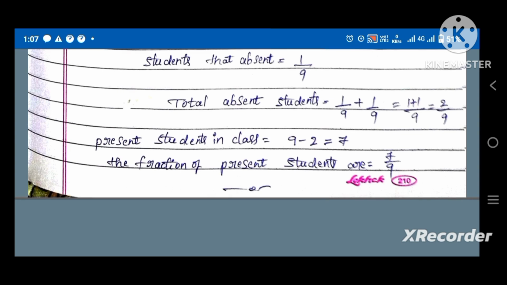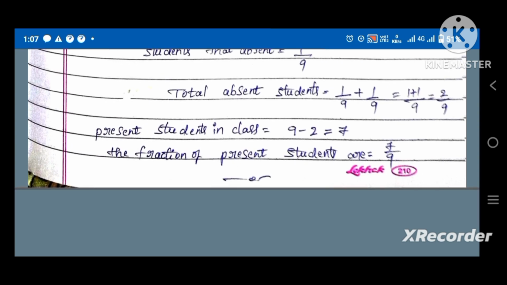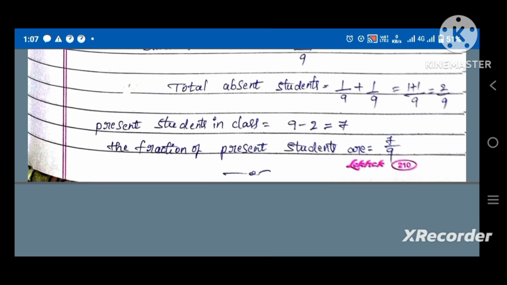Present students in class is equal to 9 minus 2 is equal to 7. The fraction of present students is 7 by 9.